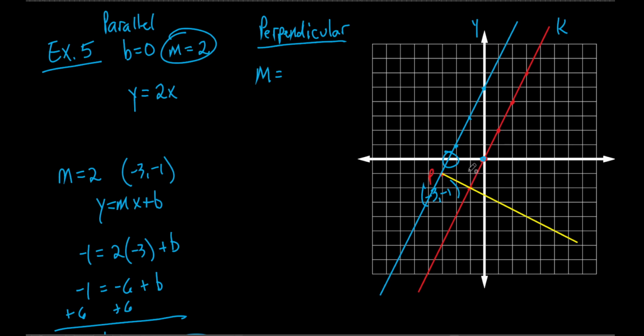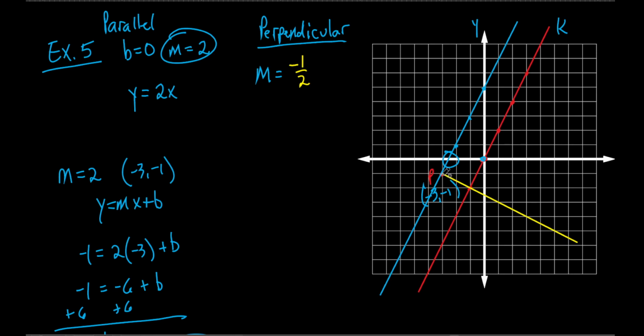Is it going to be the same? No, it's going to be the negative reciprocal. And what is the negative reciprocal of 2? It's negative 1/2. So that's the only thing different about finding the equation of a line that's perpendicular compared to parallel. Parallel, you just use the same slope as the other line. Perpendicular, you use the negative reciprocal of it.